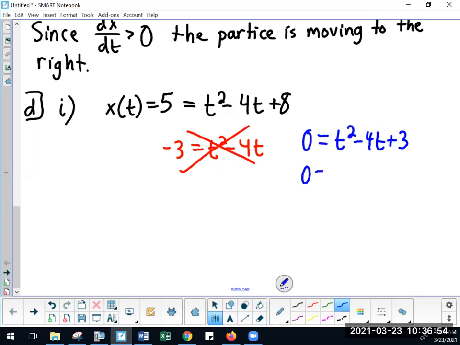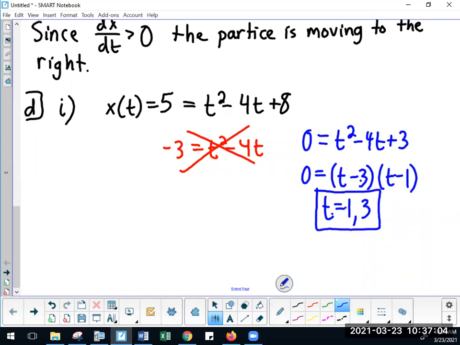I believe I have done that correctly. Similarly, I believe that this factors. That is part I taken care of. Those are the two times where the particle has an x value of 5.